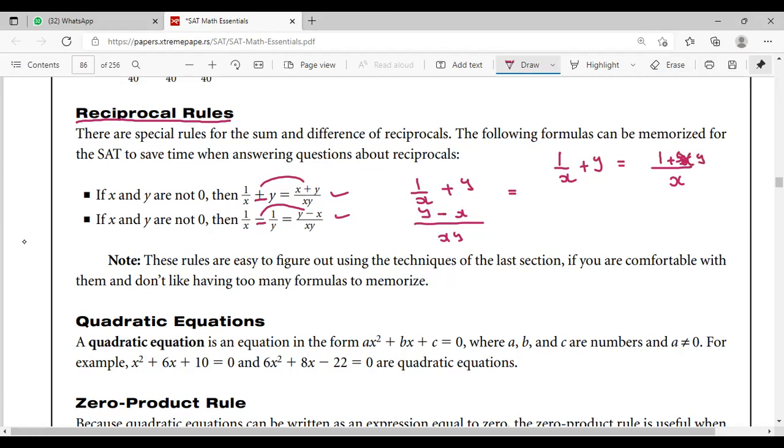Now here, if I multiply y in the numerator and denominator, yeah, there's a mistake in this one.